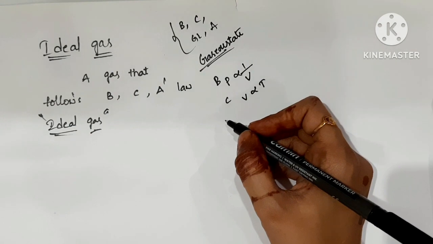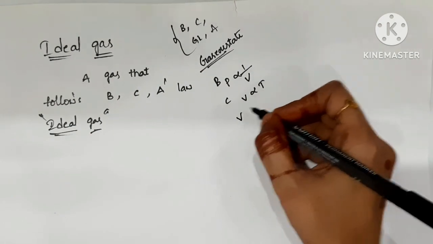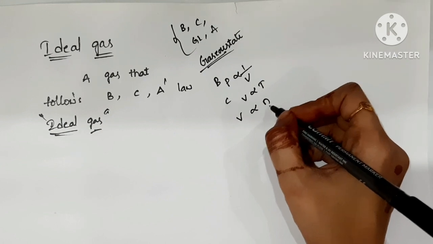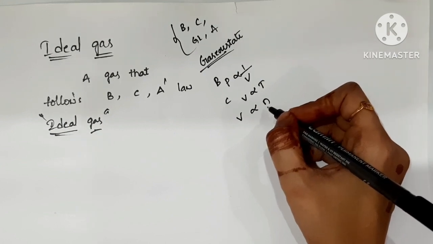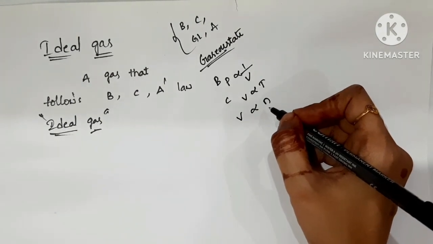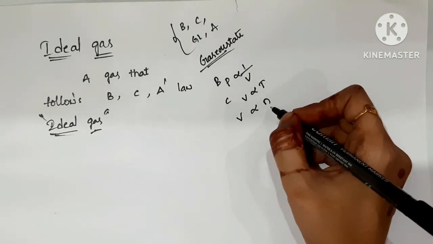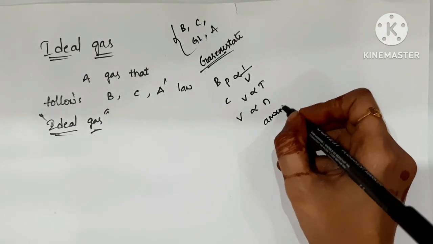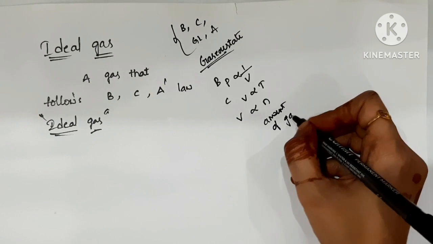In Avogadro's law, volume is directly proportional to N. That N means the number of moles, or number of atoms or molecules of gas. N means amount of gaseous substances.